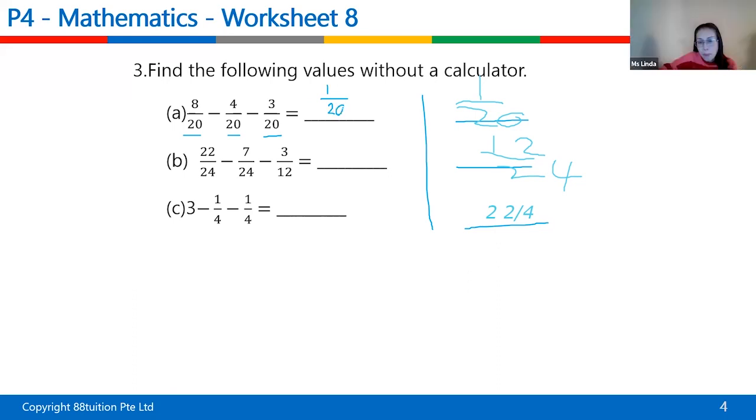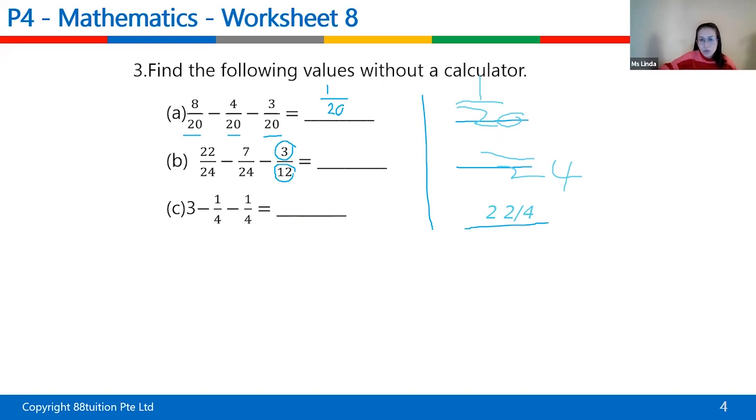Yeah, I just noticed that because I thought you wrote it already. All right, so your first one is 1/20. Second one, if you notice, one of your denominators is 12. So how do you change that? One will be 6/24. Very good.